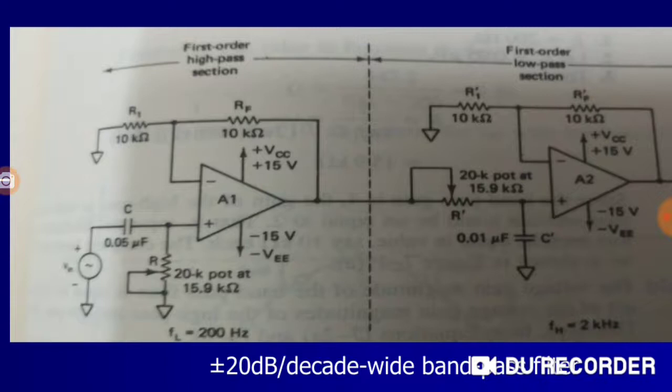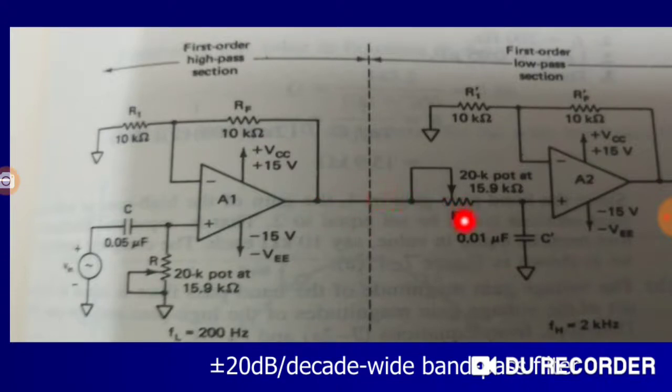But when the signal frequency of Vin increases or just goes beyond FL, that is the cutoff frequency of the high pass filter, then it starts conducting and it allows the signals.